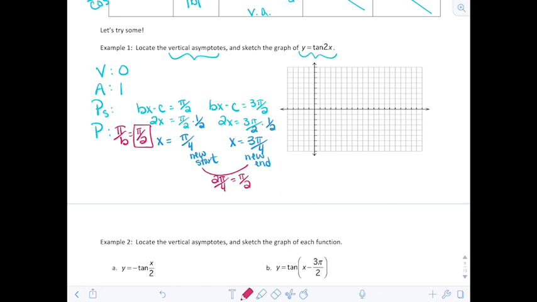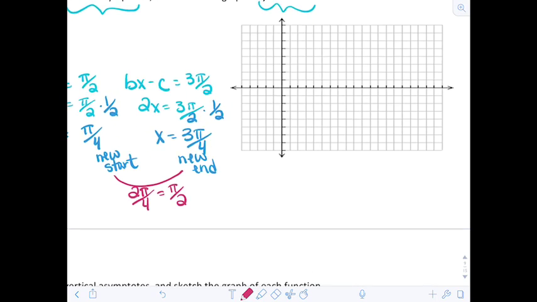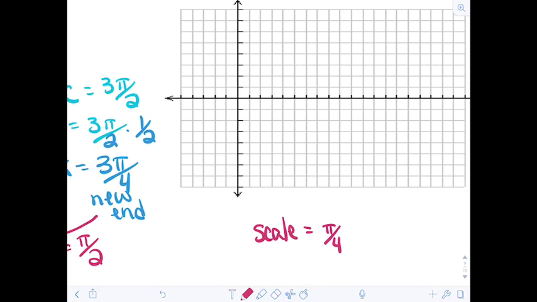So when I did my scale, I did a scale of 30 degrees, or pi over 6. Actually, I'm going to do a scale of pi over 4. And the reason I'm going to do this, I am going to go every other one pi over 4.